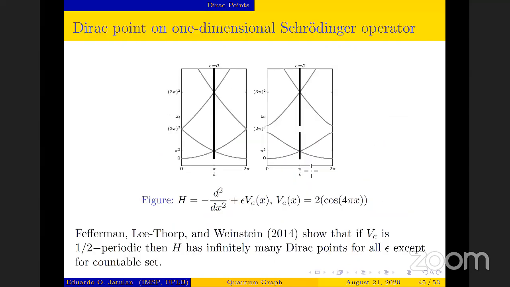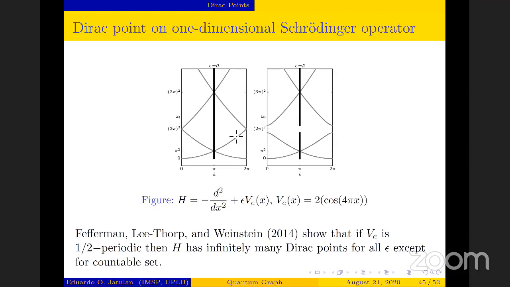Actually, for the Dirac point on the one-dimensional Schrodinger operator, Fefferman and his colleagues showed that for these given expressions, if V is even and 1/2-periodic, then H has infinitely many Dirac points except for a countable set of this epsilon.